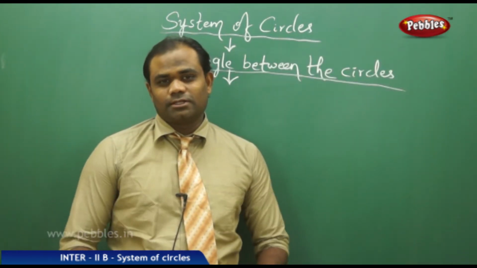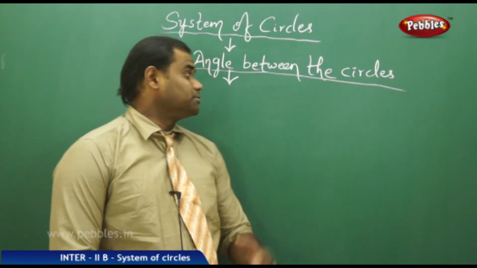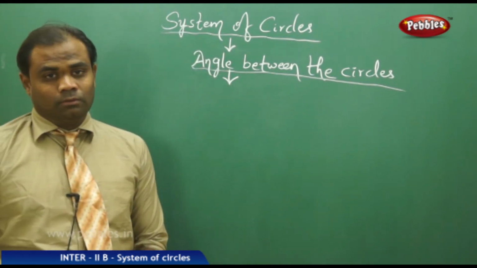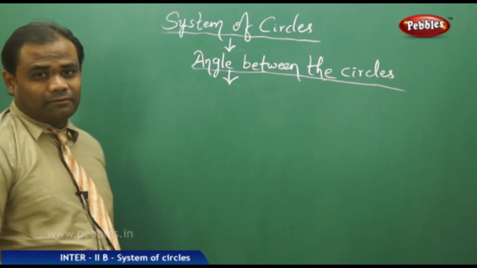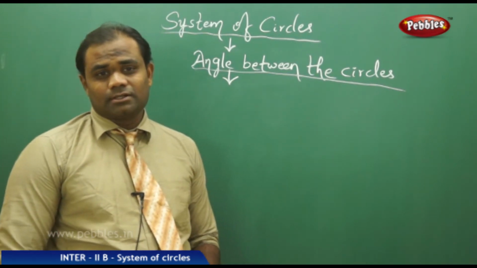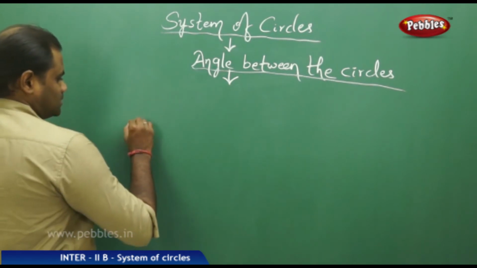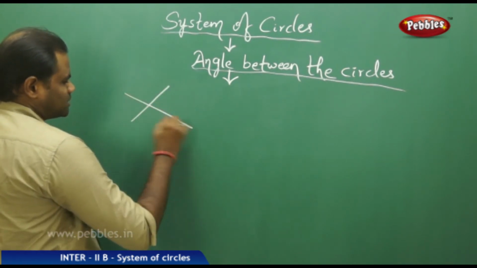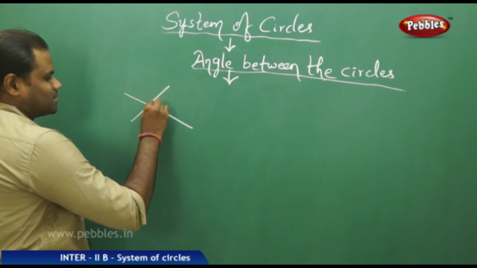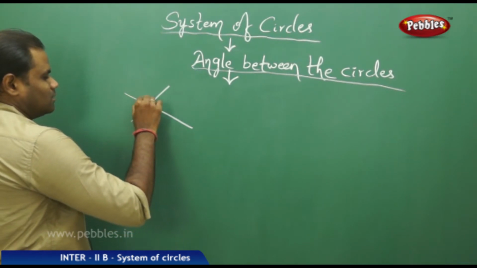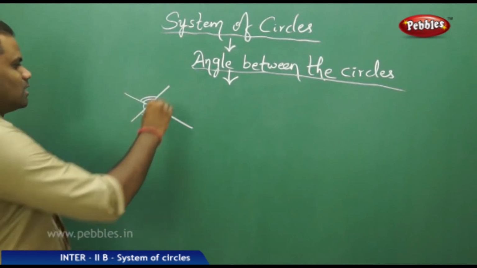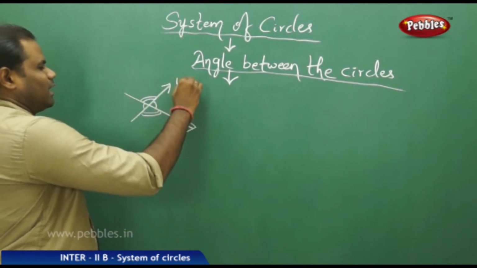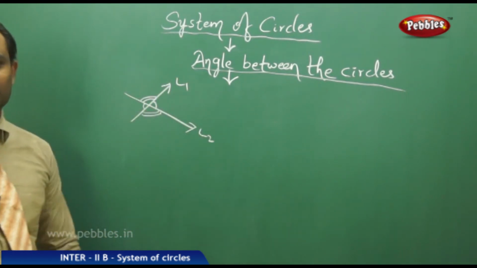Now next is the concept of angle between circles. Initially we have seen the angle between two lines. If I have two intersecting lines, then the angle between the lines is either this or this, and this is how we define the angle between two lines.